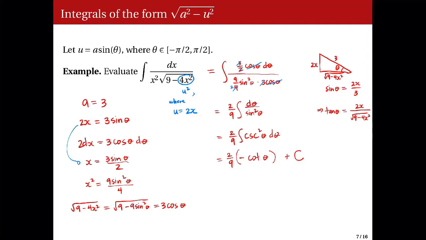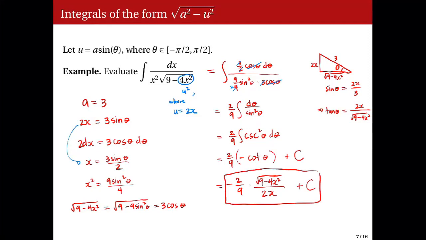And therefore, this is now equal to negative 2 over 9 times square root of 9 minus 4x squared all over 2x, and then you have the plus c. So this is the final answer.